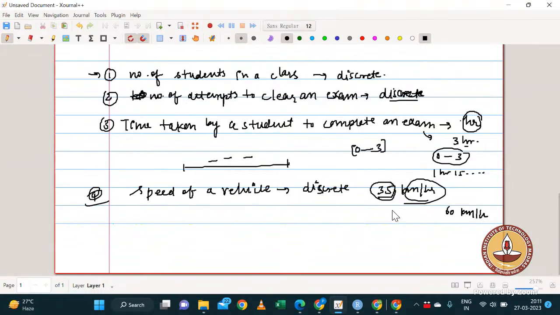If there is a car running on the road, the speed can be any value from 0 to 60. It can be 15.32 kilometers per hour, it can be 30 kilometers per hour. It can take any value between these two values. The basic main point is you have to measure, you cannot count.